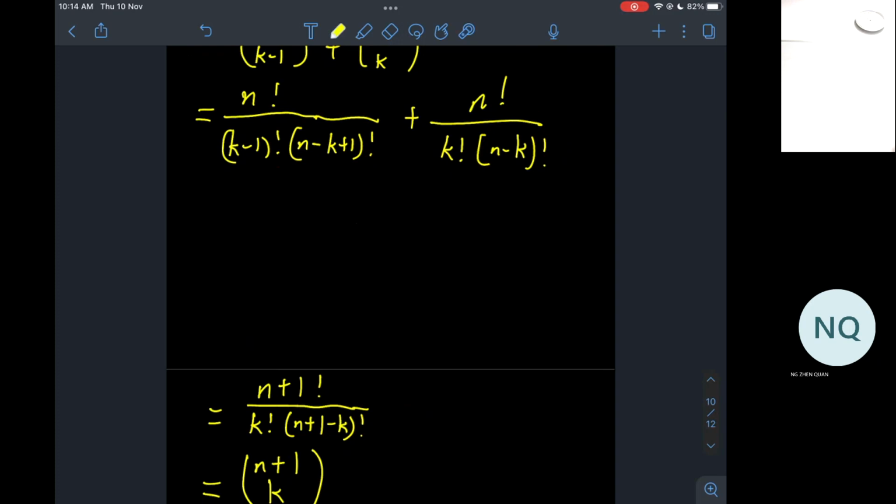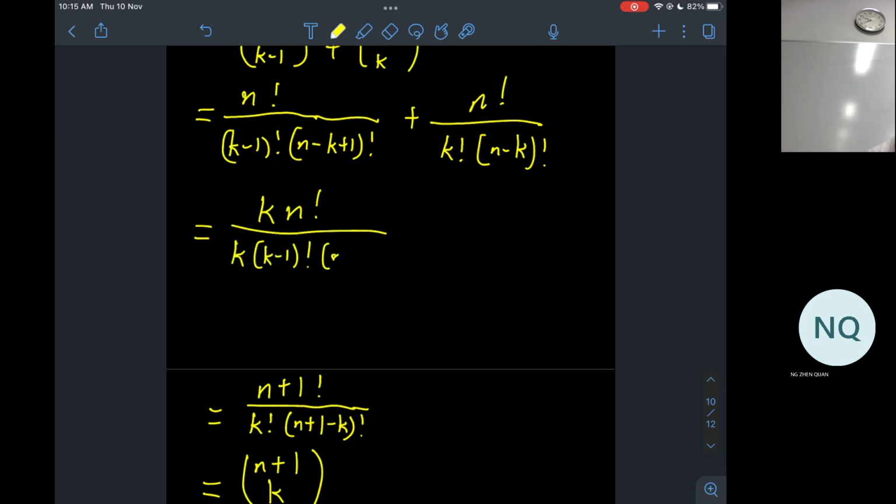So how to do it? We times k on here, and then here I times k to the factorial. Plus 1, how to plus 1? I cannot directly plus 1, right? So I have to write n minus k plus 1, then this part will become n minus k plus 1 times n minus k factorial.